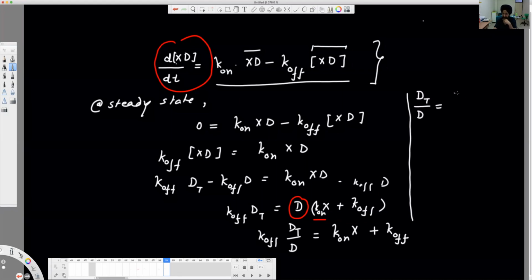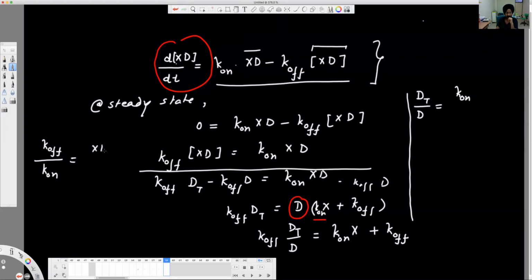We will reverse it later on. In fact, what we could do is simplify it further from here itself. So what we do is the following: k off by k on, if we take k on this side, then this becomes xd.